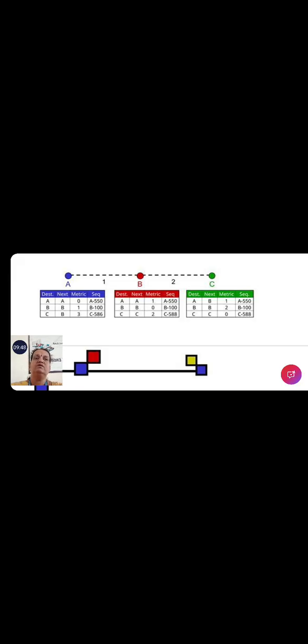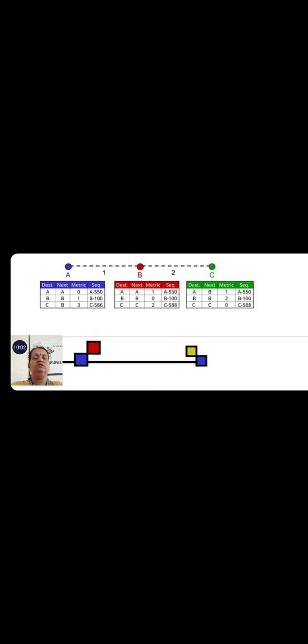And similarly, in the C node, C to C, it is 0. It has to be maintained with the same last sequence number. It is not going to the next node. If it were going to the next node, it would have to be updated by 560, but since it is the destination, and it itself is the node, the sequence number is maintained as in the previous case.